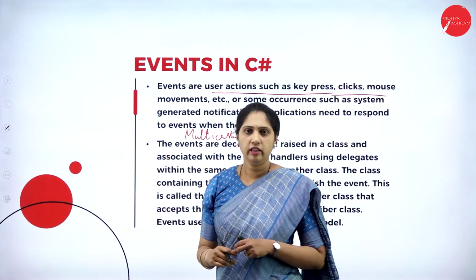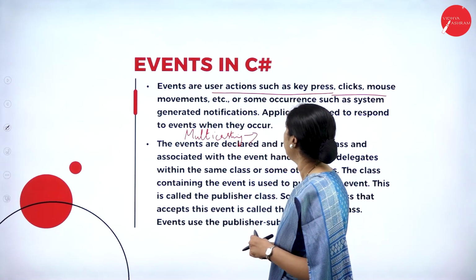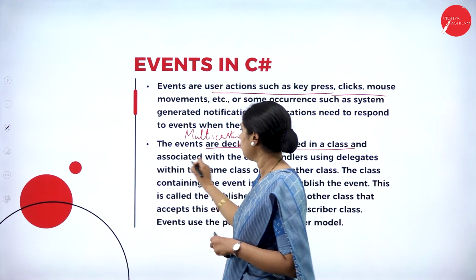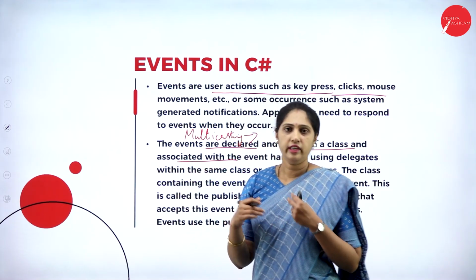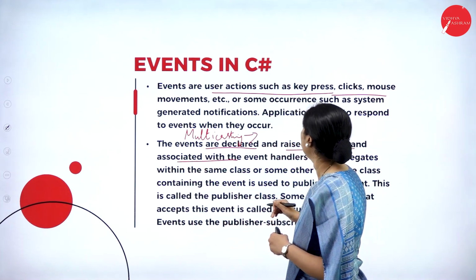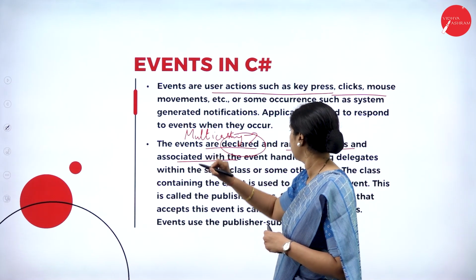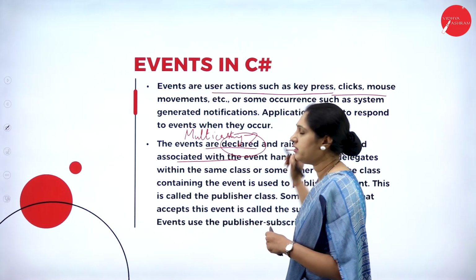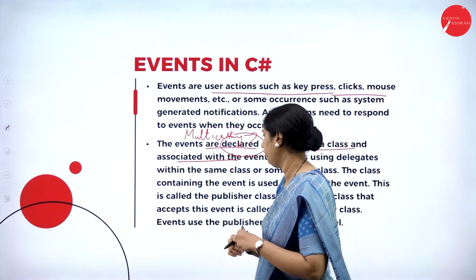Events are declared and raised in a class. If I want to write an event, what should I do? I should declare it first. Then I have to raise the event, meaning call the event.